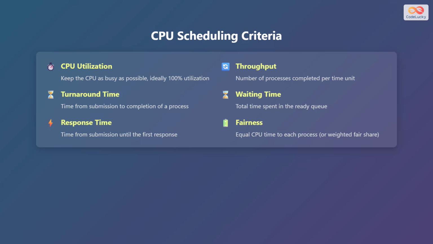Turnaround time is the time from submission to the completion of a process. Waiting time is the total time a process spends in the ready queue, waiting for its turn to be executed. Response time is the time from submission until the first response is received. Fairness ensures that each process receives an equal share of CPU time, or a weighted fair share based on their priority.